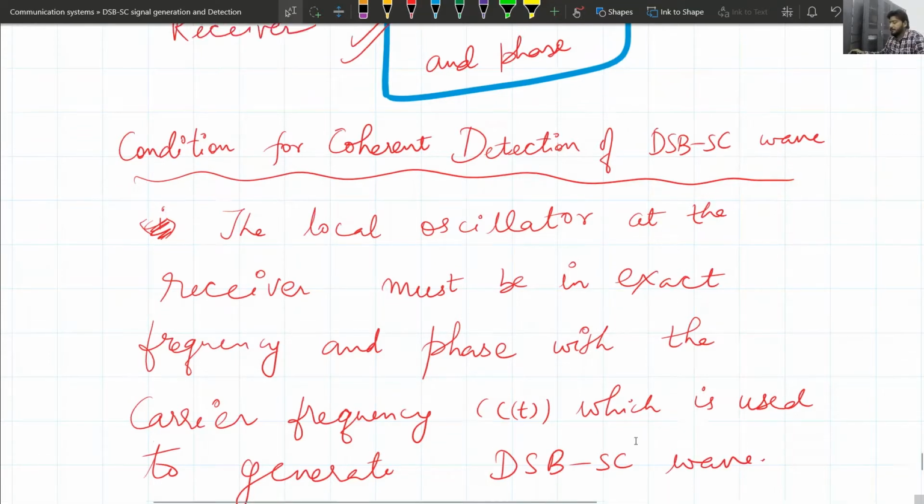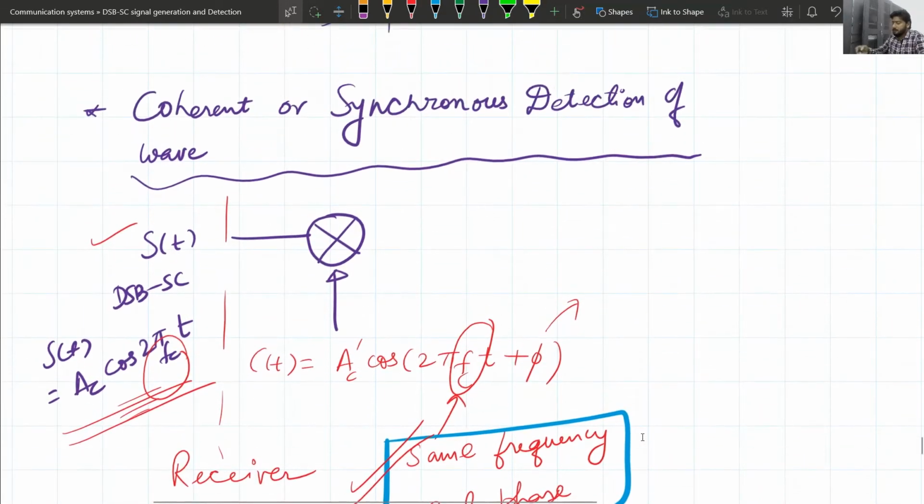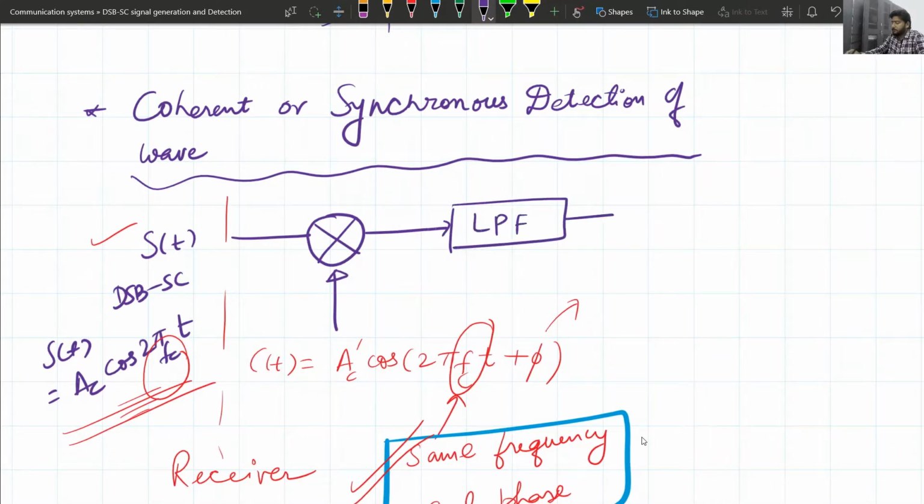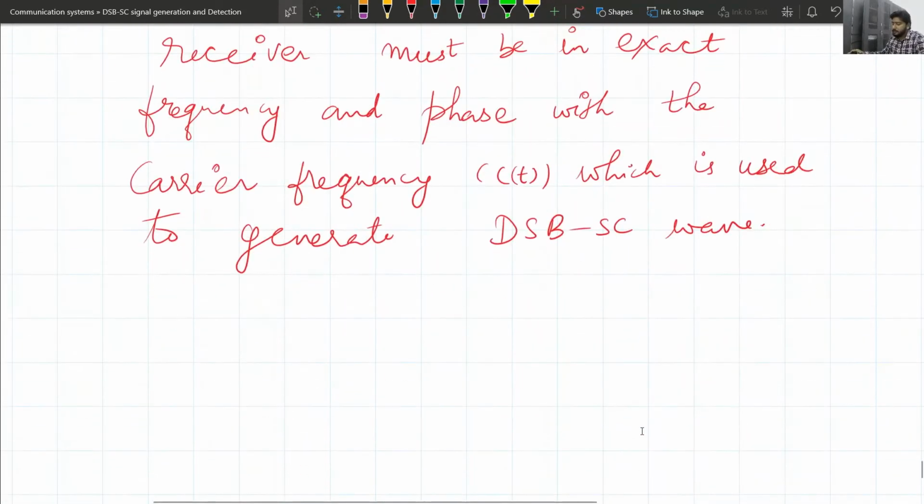You will see how it is happening. Once the product is generated, it is passed through a low pass filter to obtain the demodulated signal. Mathematically, we can write what we are doing.